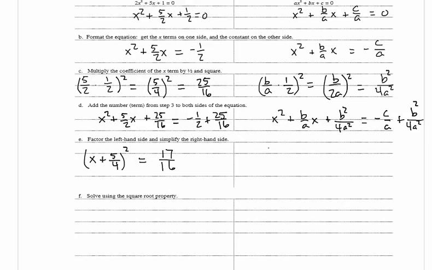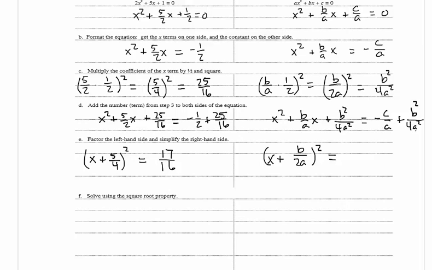In our second equation, we have x plus b over 2a. And again, I got that number from the coefficient in front of the x term multiplied times 1 half. And this is squared. And that's equal to negative c over a plus b squared over 4a squared.